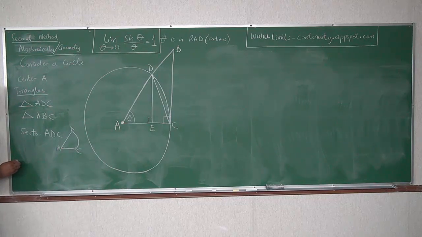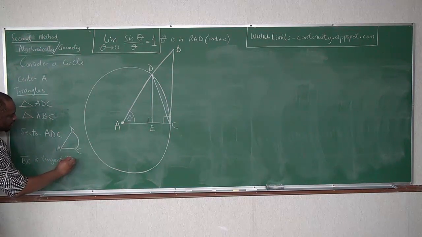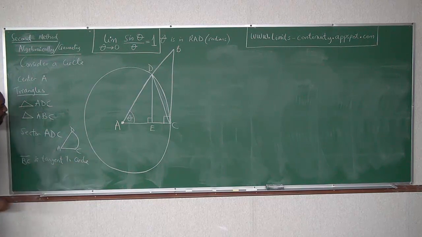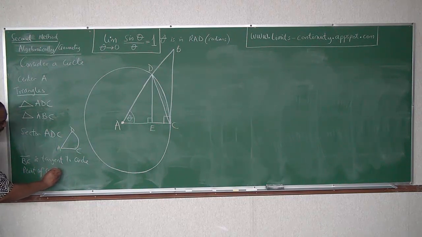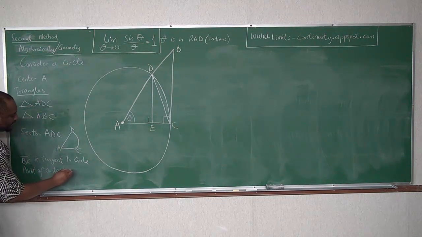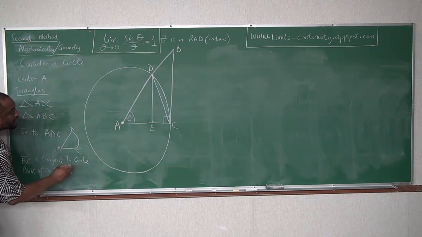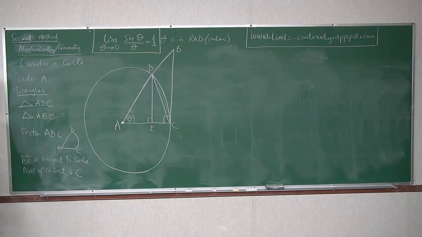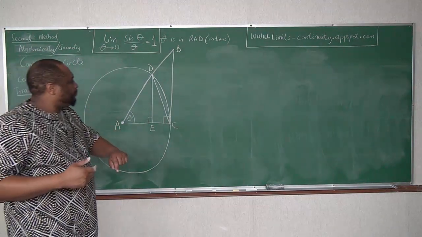Line segment BC is tangent to the circle, and the point of tangency, or the point of contact, is C.